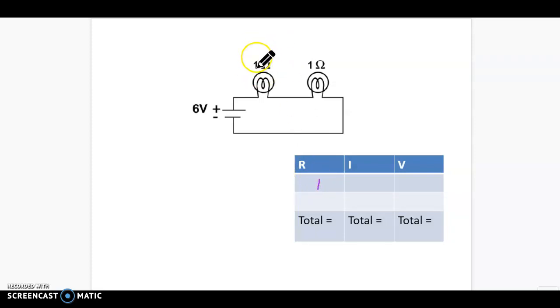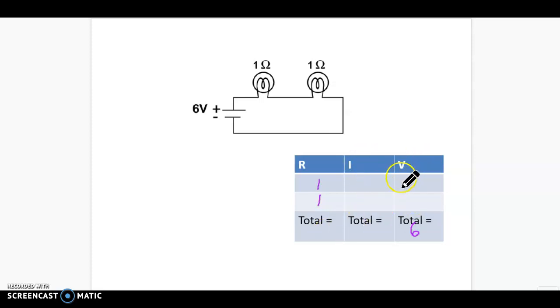Like this resistor is 1 ohm. This resistor is also 1 ohm. And then this 6 volts, this is the total voltage for the circuit. So under this column for voltage and in the total column, I'm going to write out 6. And that is my voltage.